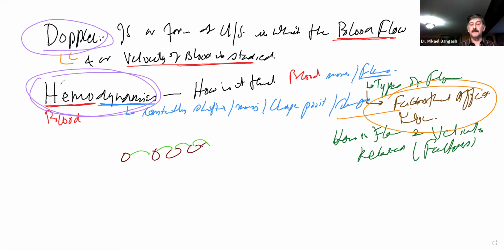And we know that blood normally moves in this closed system that we call the cardiovascular system or the circulatory system. So the study of the circulation of blood is what we call hemodynamics.